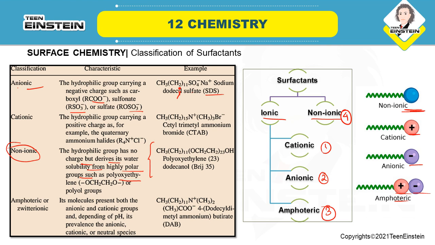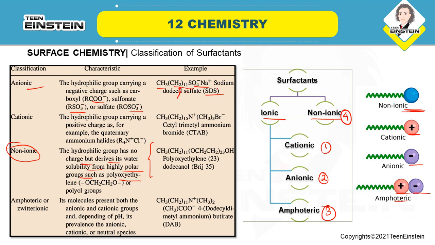If you do not know the structure, you will not be able to understand. Though this is simply a memory-based question, if you do not remember the structure, you will not be able to tell what nature the surfactant has. So it is important to remember some of these. I am not saying remember the full formula, that will be difficult, but at least try to remember the nature of the polar head.